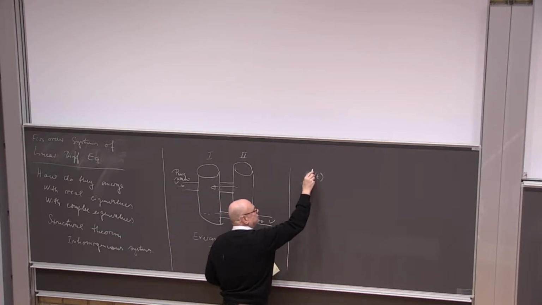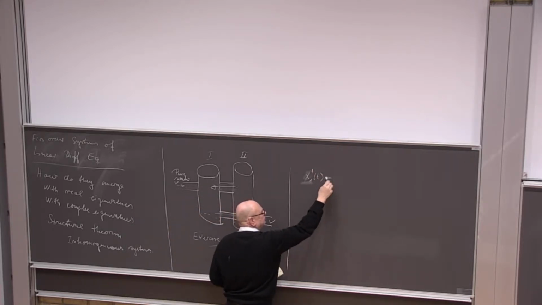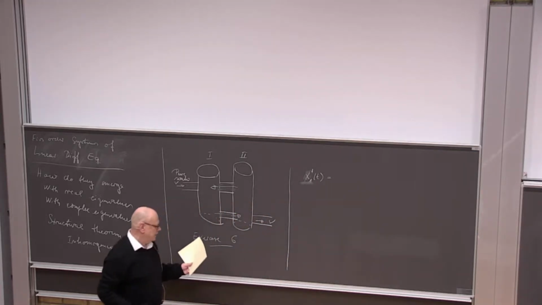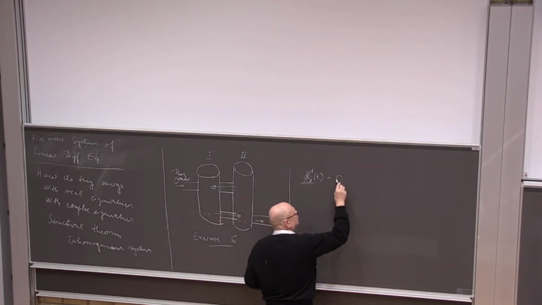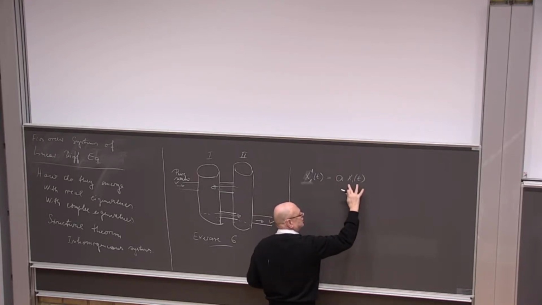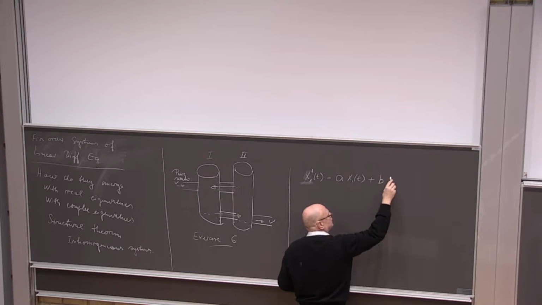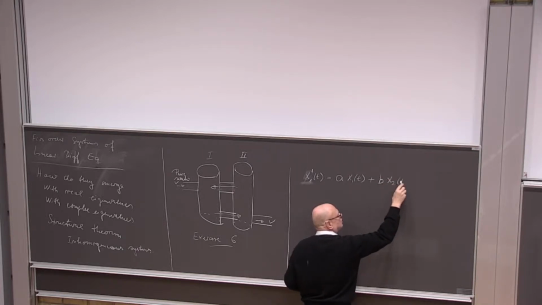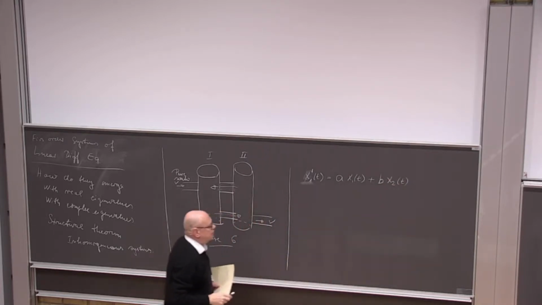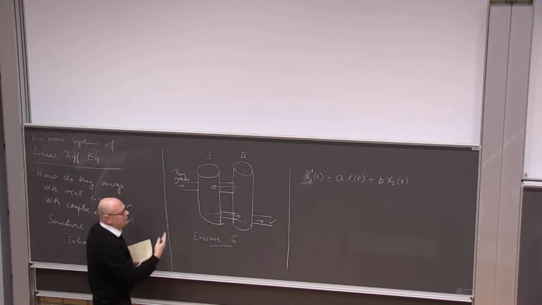And the derivative of that with respect to time is equal to A, where A is a constant, times the salt concentration in tank 1, plus B times the salt concentration in tank 2.